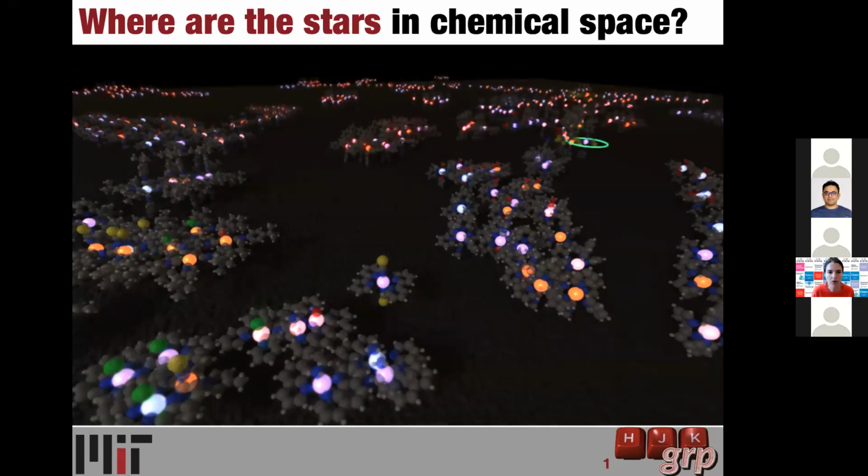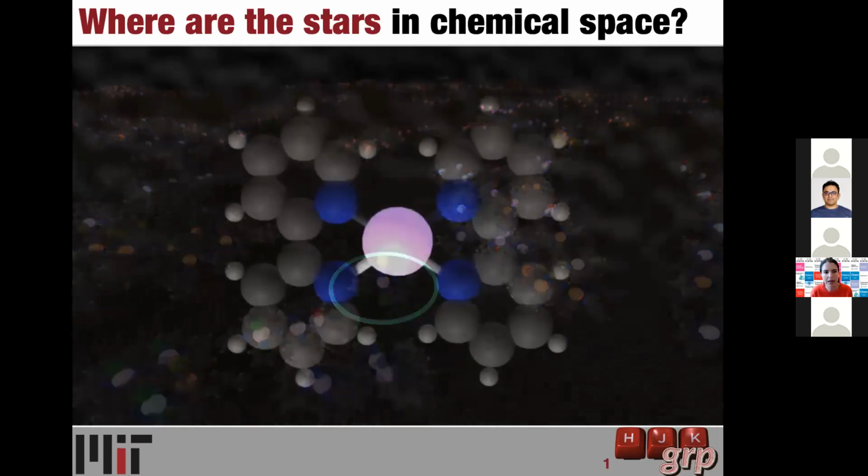So if we're looking for the optimal molecule satisfying our design objective, whether it's a material that we want for, say, potential redox storage, or for photocatalysis or chemical catalysis, the right answer could be any one of these needles in a haystack.